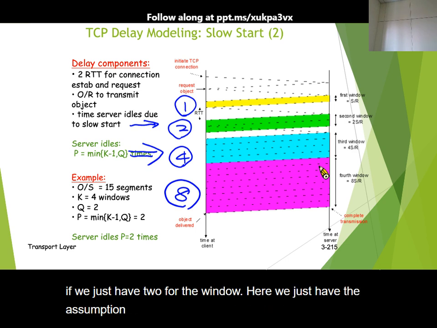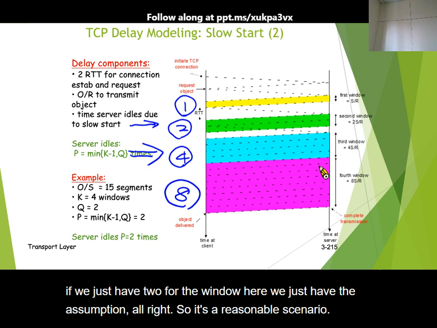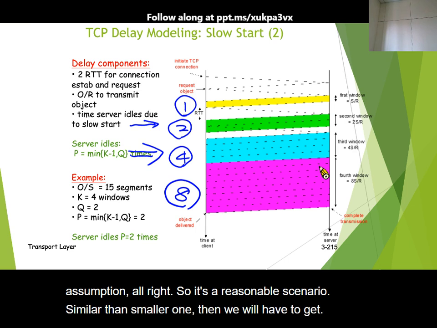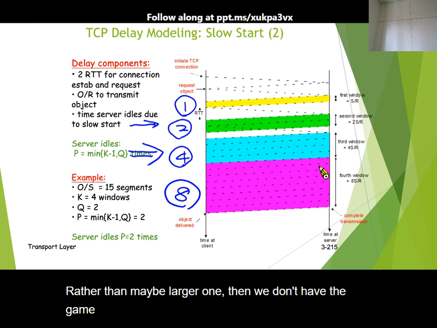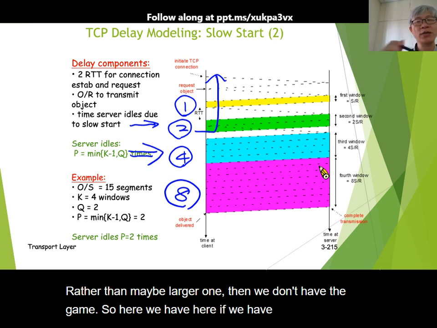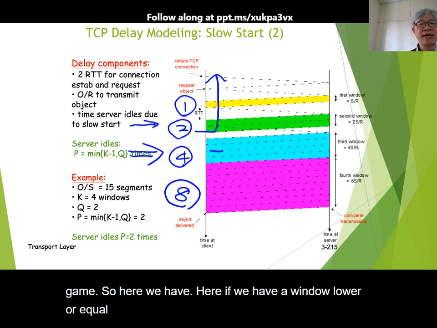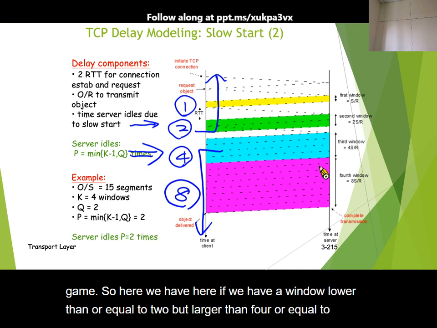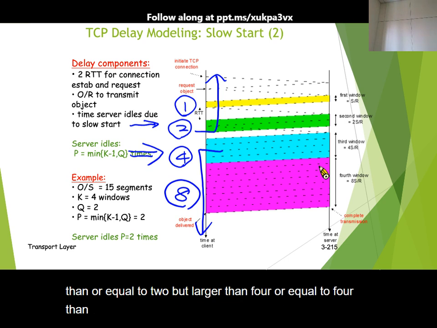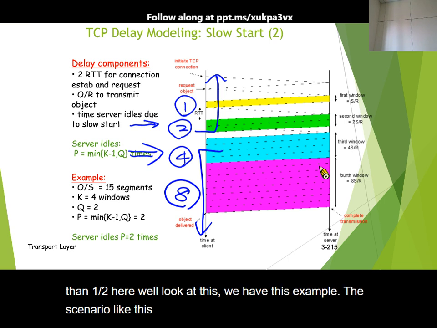Alright, so it's a reasonable scenario. Smaller one, then we have the gap. Larger one, then we don't have the gap. So here, we have gap if we have a window lower than or equal to 2, but larger than or equal to 4, then we won't have gap. Well, look at this. We have this example, the scenario like this. 2 RTT won't be a problem.